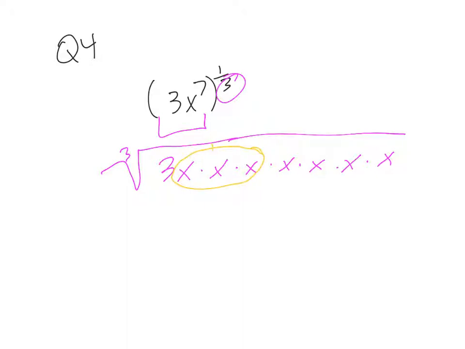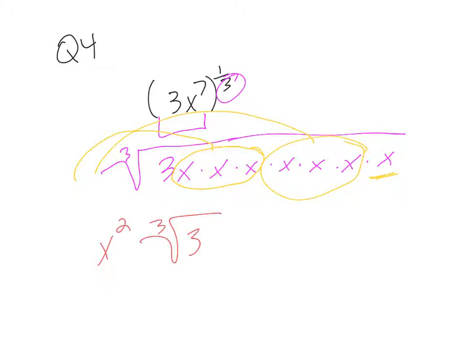Here we have 3, so you're going to be able to pull 1 x out. Here we have 3, so you can pull 1 out. And that's going to leave 1 left on the inside. I'm going to write those 2 x's that we pulled out as x squared times the cubed root of 3, and we have 1 x left on the inside. So this is your final answer.